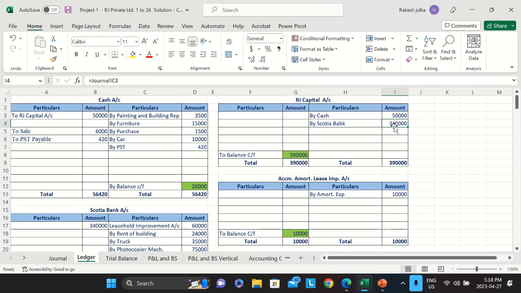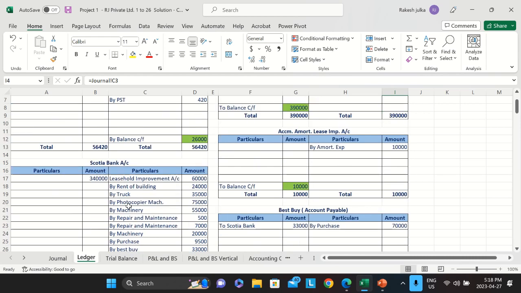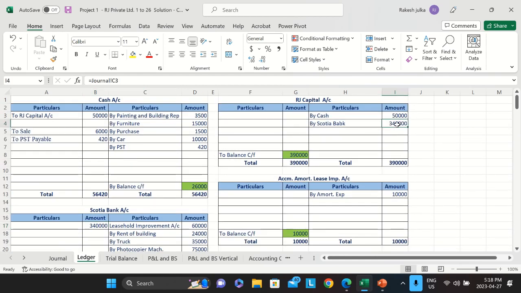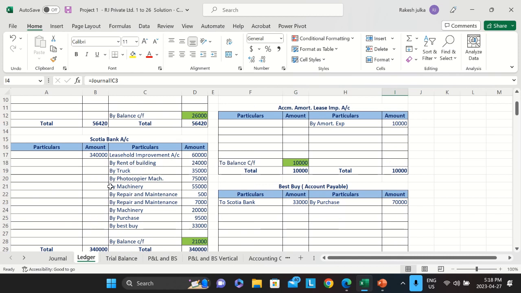The total is $390,000 he has brought. Scotia Bank, I'm not going to explain everything, but this is the last one. $340,000, you can see here the relationship between everything. The RJ Capital, the owner of the business, has brought $340,000, so the Scotia Bank balance has gone up. So here I need to write to the RJ Capital account.